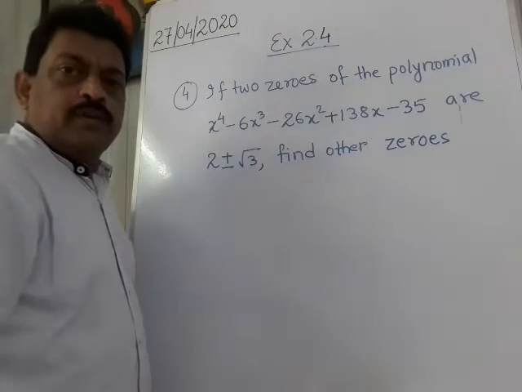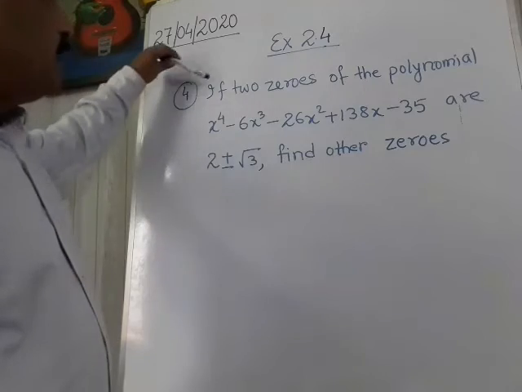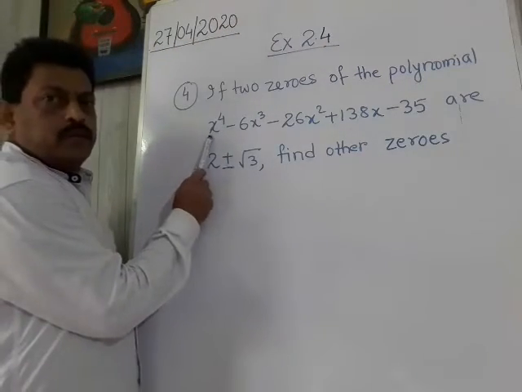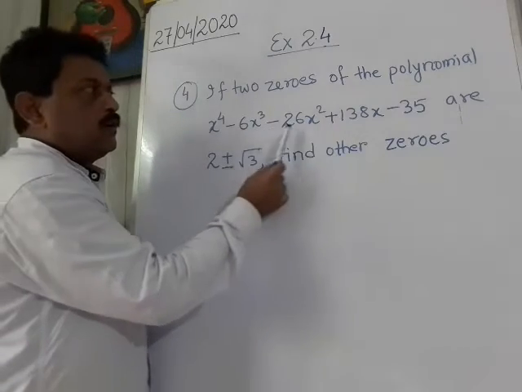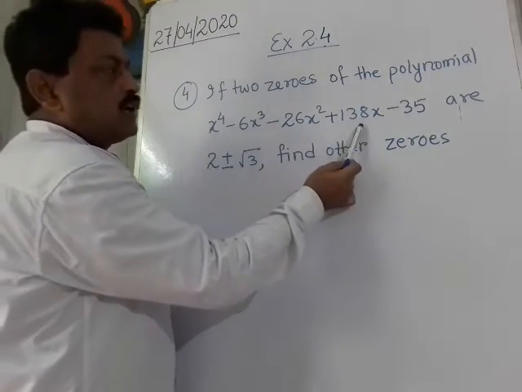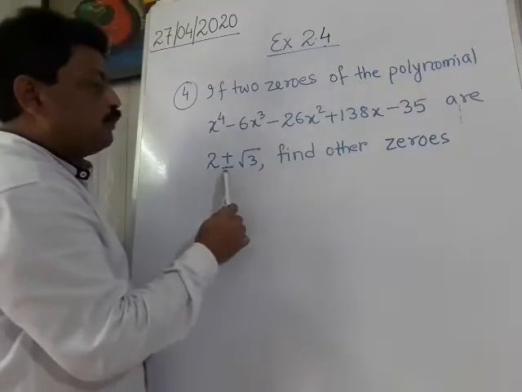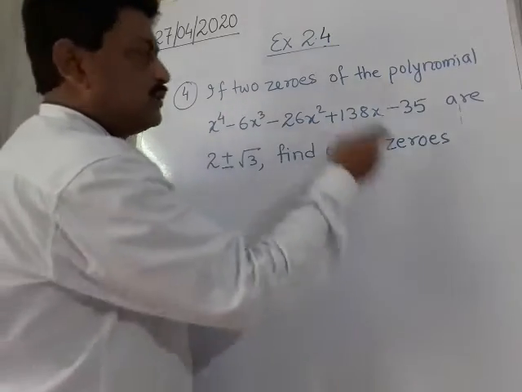Another very important question. If two zeros of the polynomial x to the power 4 minus 6x cube minus 26x square plus 138x minus 35 are 2 plus minus root 3, find the other zeros.